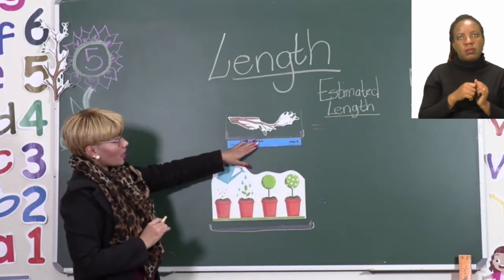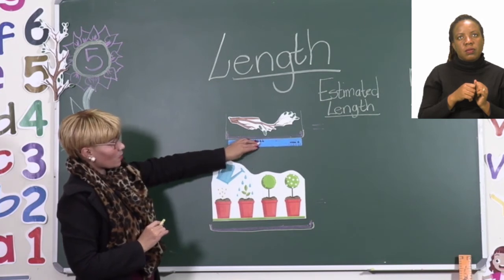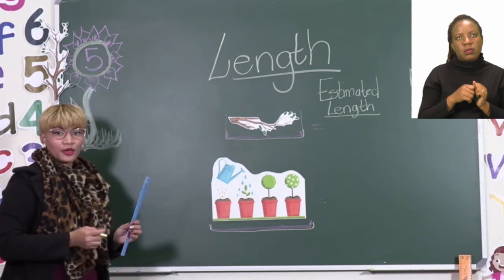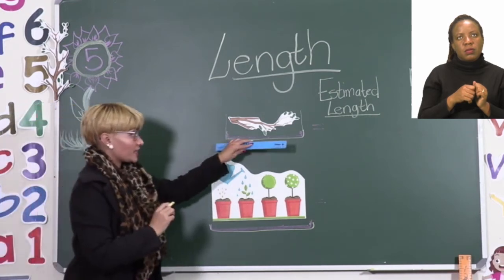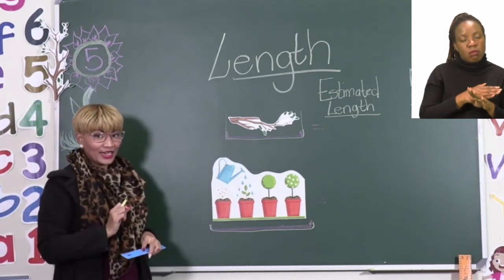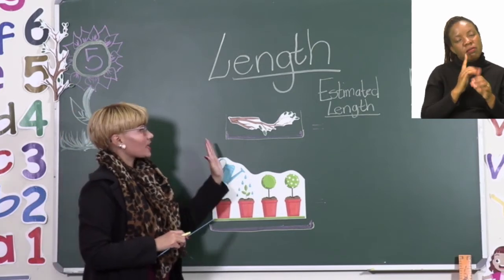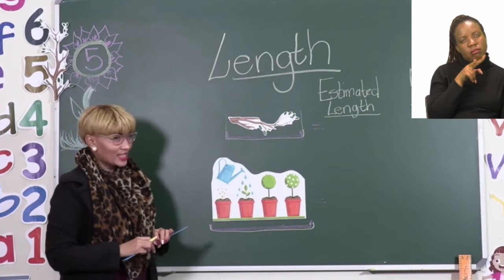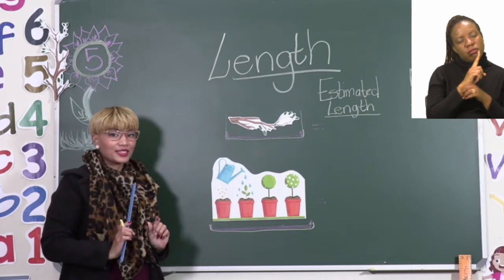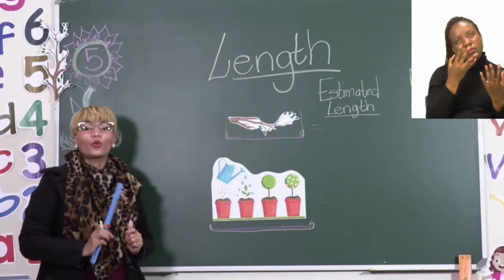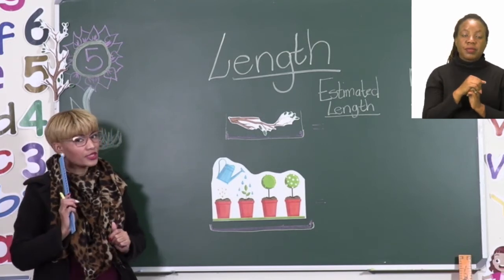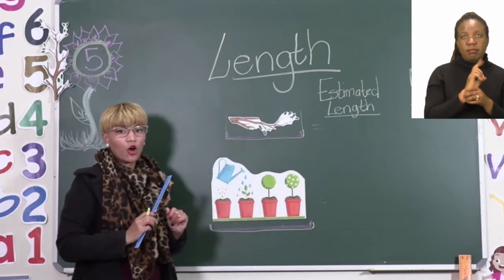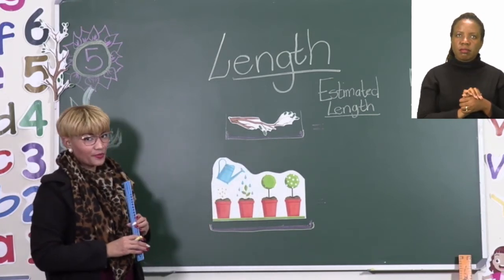But before we measure it and get the right length, we must first look at it with our eyes, and then you first estimate the length. When we estimate, we can also say that we are guessing what the length of this object is.